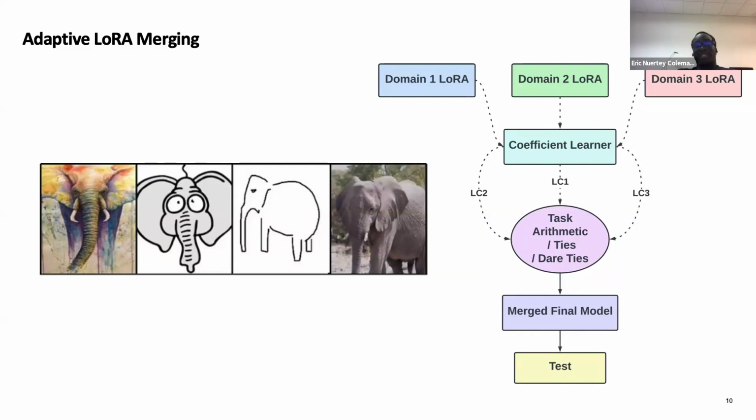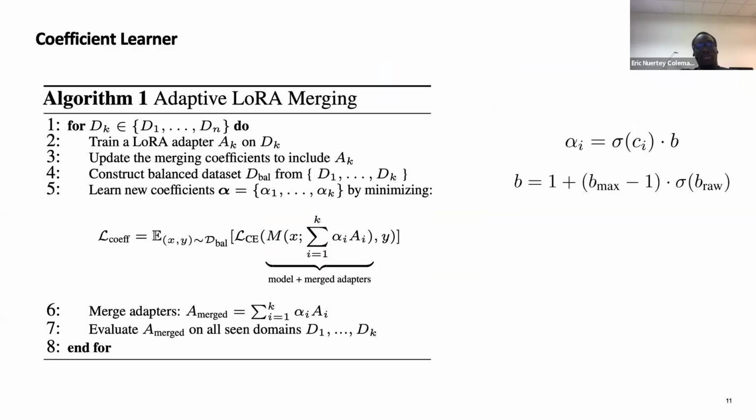And then once we have these individual weights, we use them to do our merging. So it depends on the merging algorithm that you want to use, whether it's TIES or DARE or task arithmetic. And then you have your final merged model. Then you can test it on the domains you've seen so far.